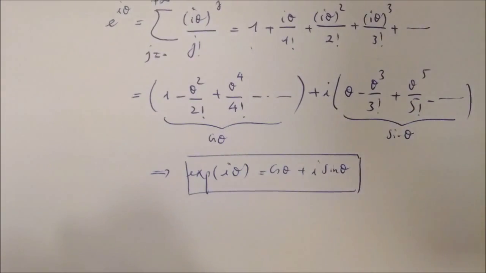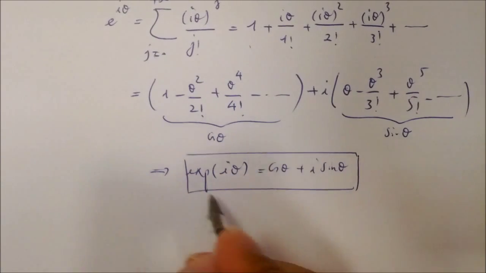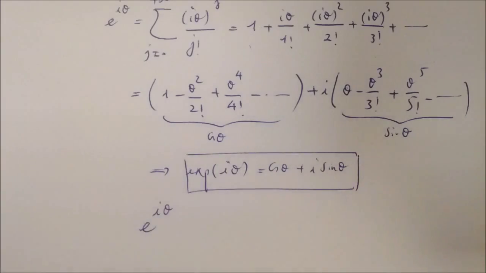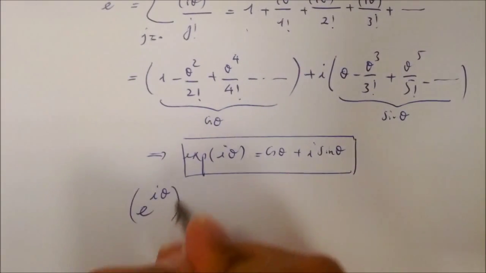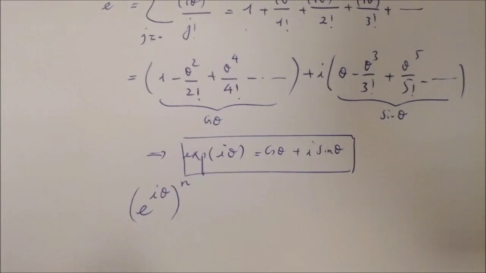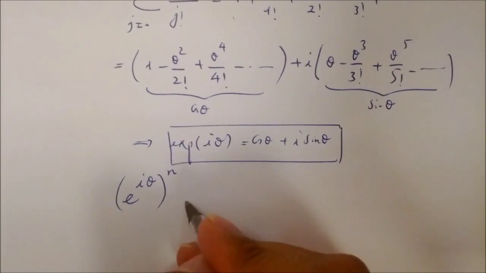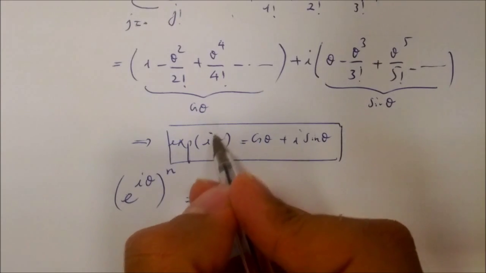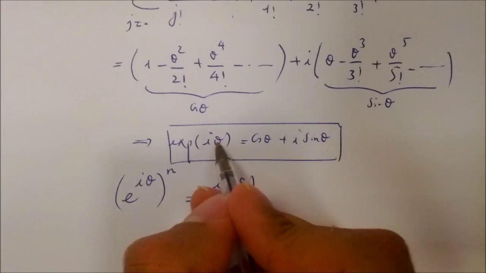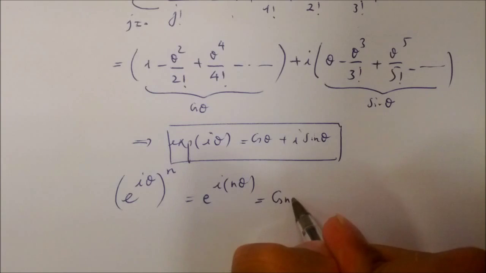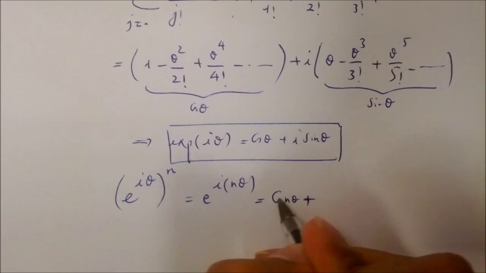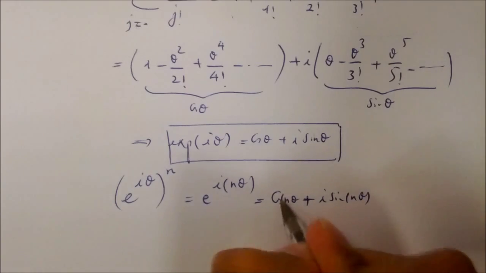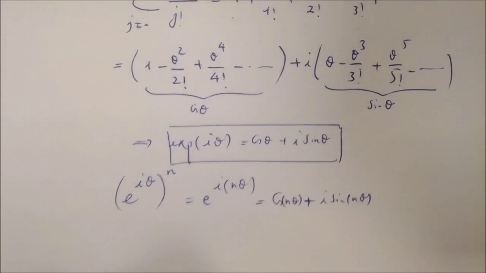So if I want to raise a complex number, for example e to the power of i theta, to the power n, I'll have e to the power of i n theta. So I should replace theta with n theta here. Then I'll have cosine n theta plus i sine n theta.